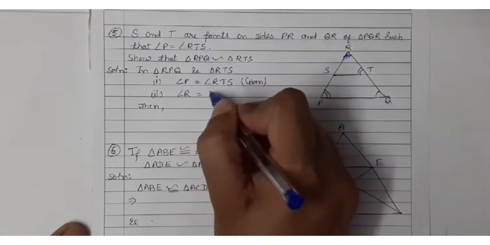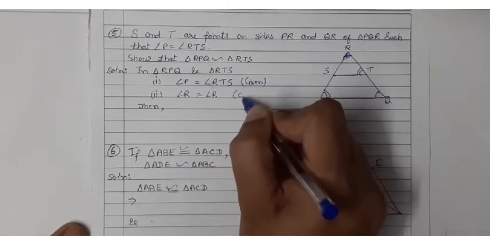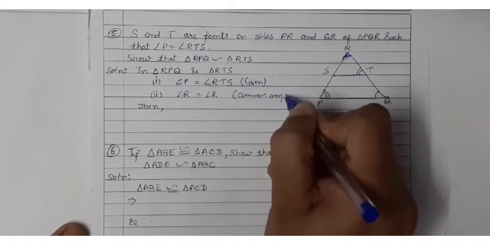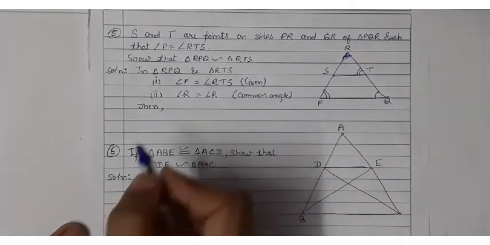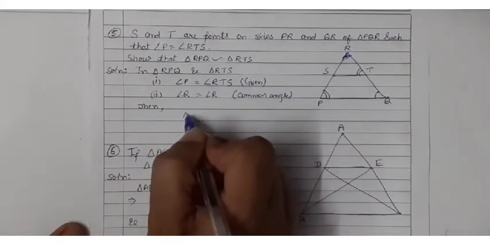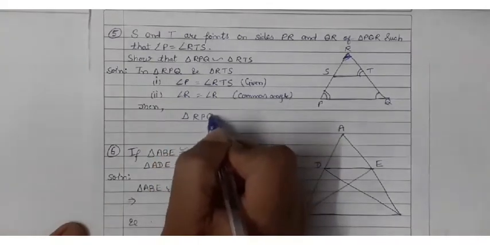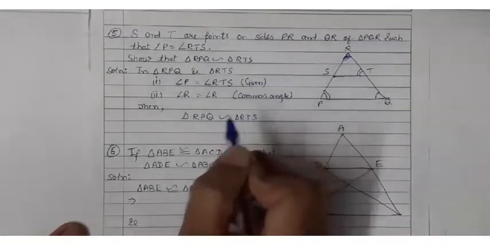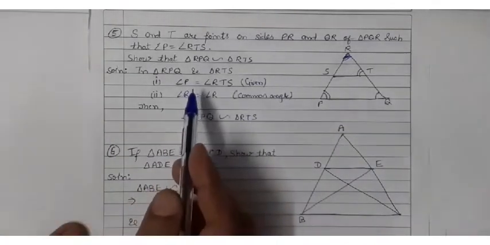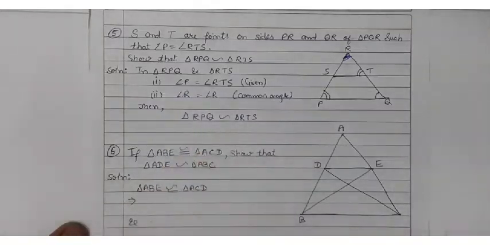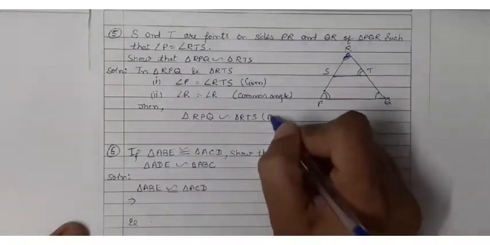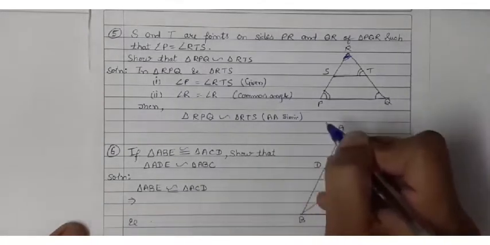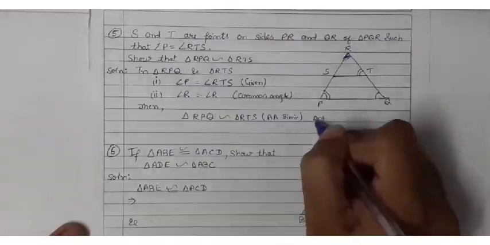Angle R is equal to angle R. This is common angle. Then triangle RPQ will be similar to triangle RTS. By which property? Which criteria? Angle criteria. Then there is angle similarity criteria. This is your answer.